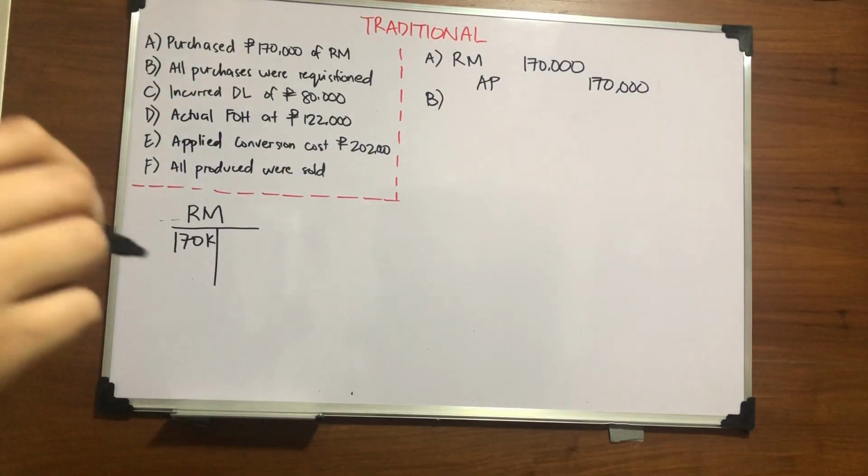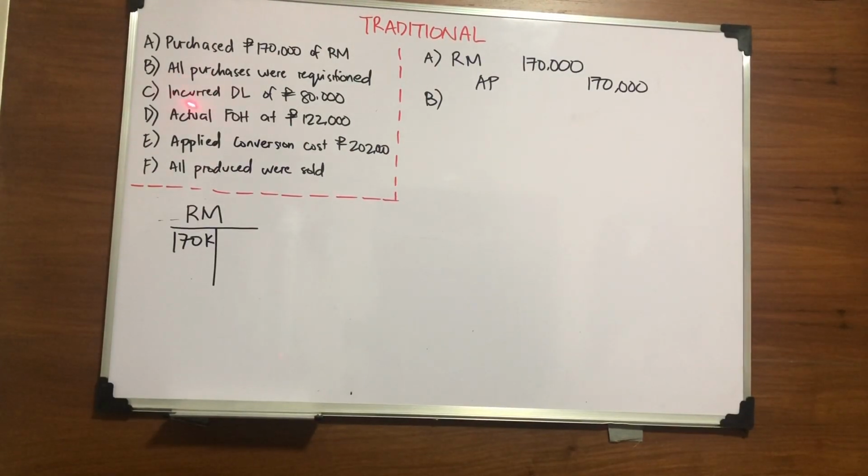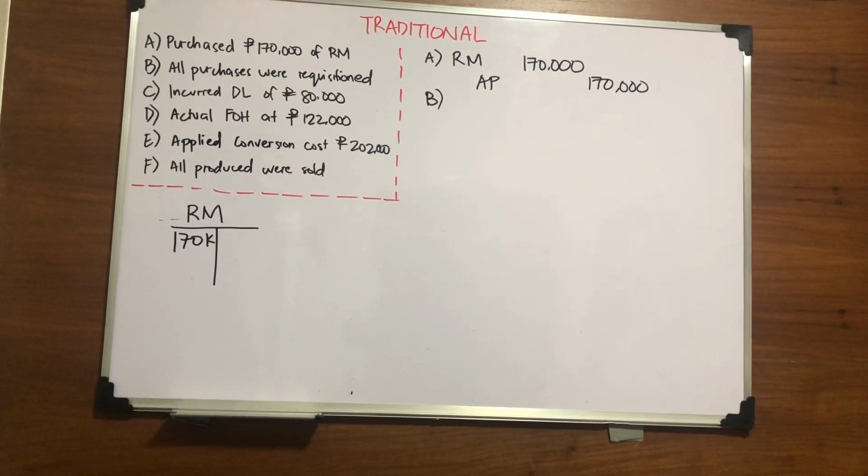Okay, so next is the problem here states that all purchases were requisitioned. So what does this mean? What does the term requisition mean? If you still recall a while ago, there are different types of forms in the production department. You have there your materials requisition form.